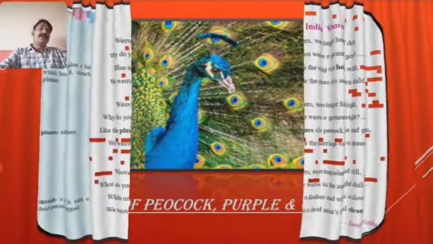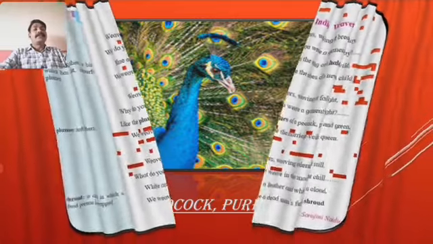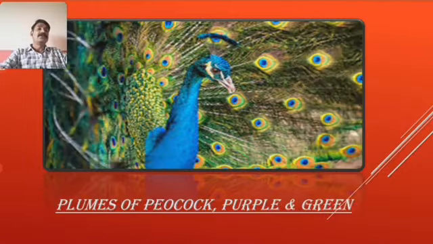Now, here are the plumes and feathers of the peacock. See here, the different colors are there: purple, green, all kinds. The weavers are weaving the cloth with the same colors as you're watching in this picture, the plumes of the peacock, purple and green.